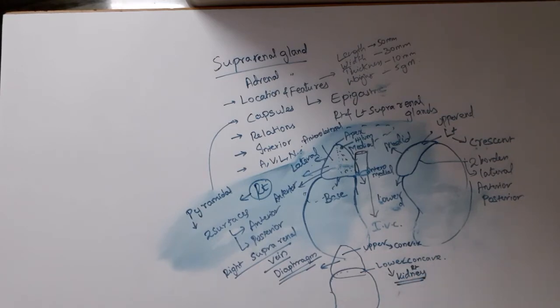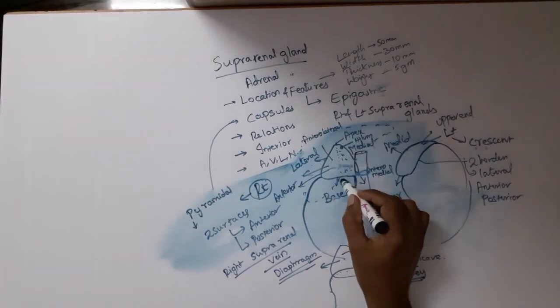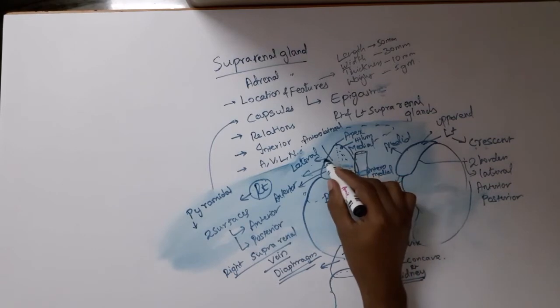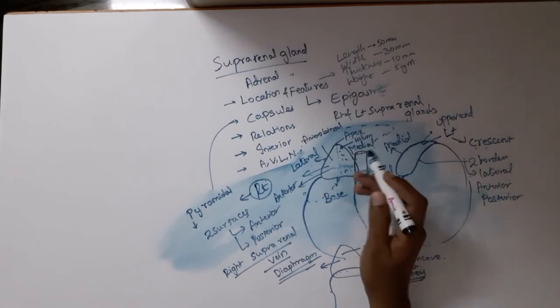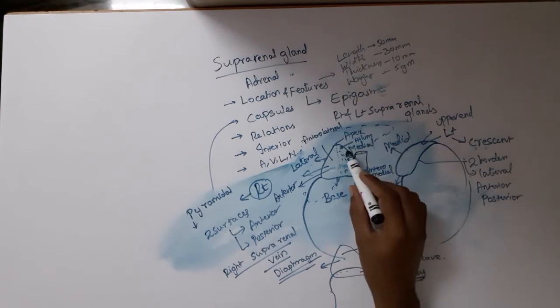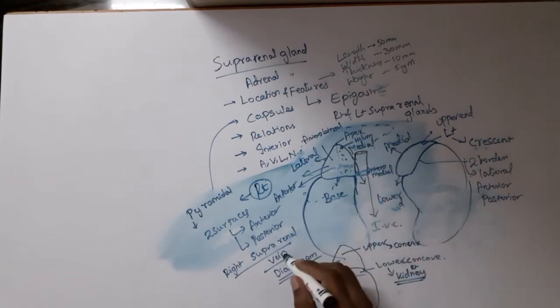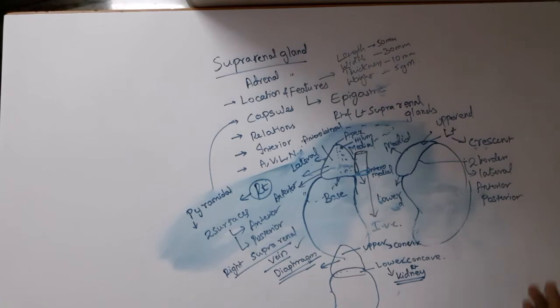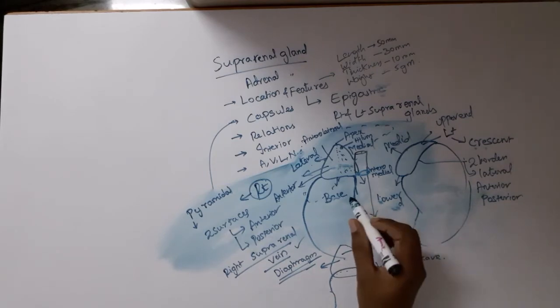So that is our right suprarenal gland. What are they? The right suprarenal gland has an apex, base, medial border, lateral border, anterior surface and posterior surface. Closer to the apex there is a hilum through which the right suprarenal vein comes out of the suprarenal gland.